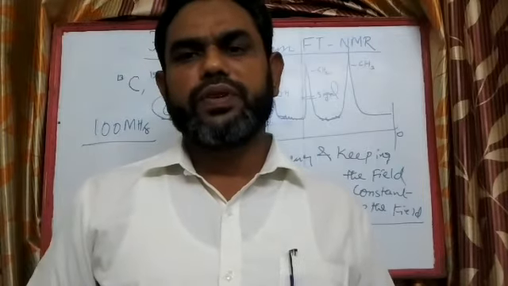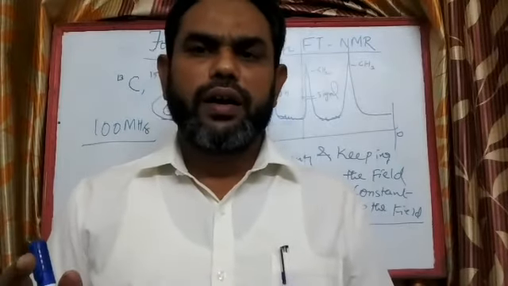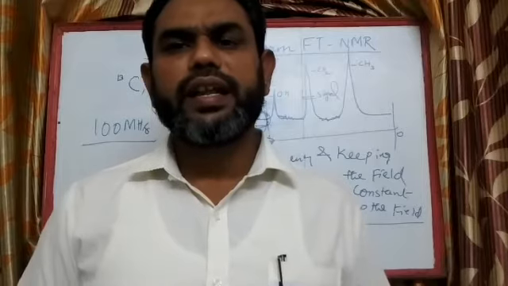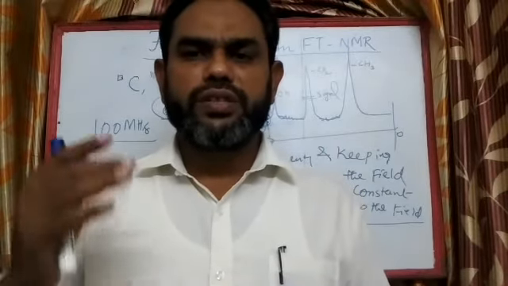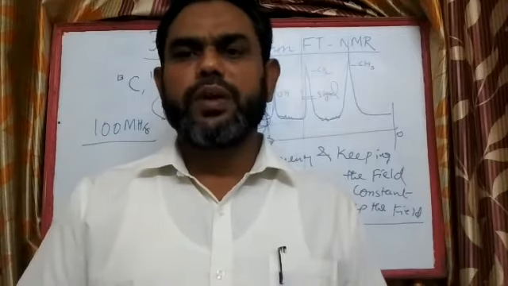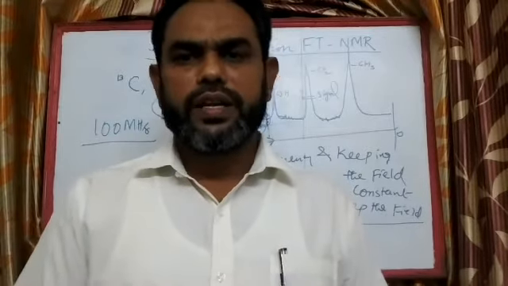So in the case of nuclei with a very low natural abundance like C13 and N15, the noise ratio is so high that you may not be able to get a spectrum at all.